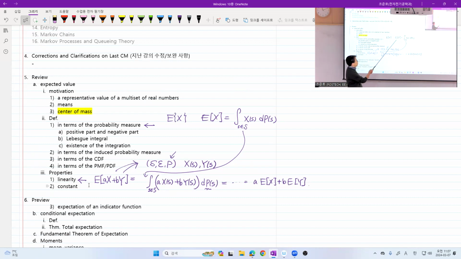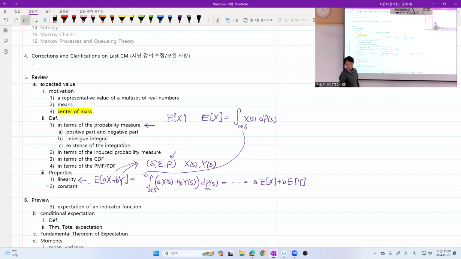Why? Even though this dP is always non-negative, because it's kind of a derivative of the probability measure, the value of X depending on s can be positive and negative.